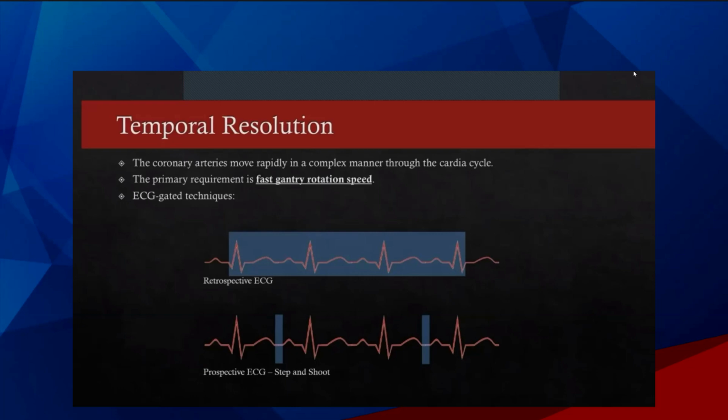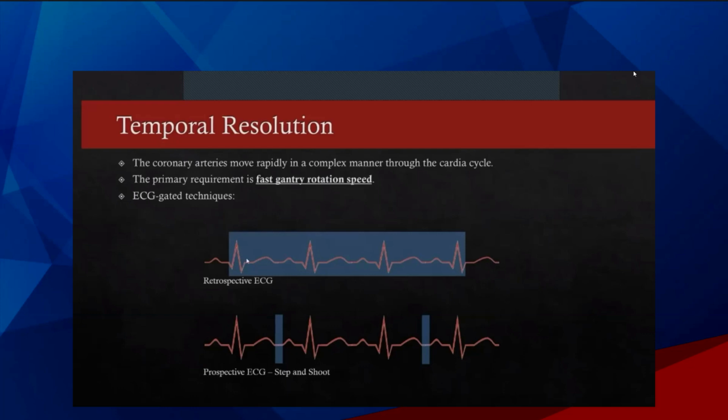Fast gantry rotation time is routinely combined with ECG gating techniques to allow reduction or elimination of motion artifacts, improve visualization of the coronary arteries and the heart, as well as accurately measure cardiac function. There are generally two categories of ECG gating imaging.